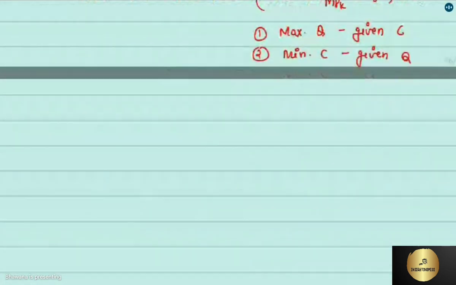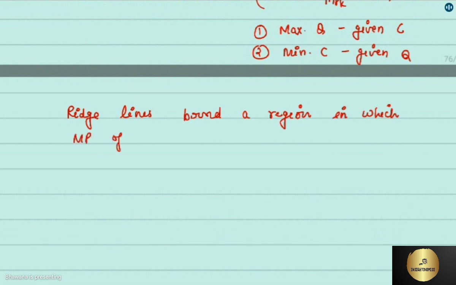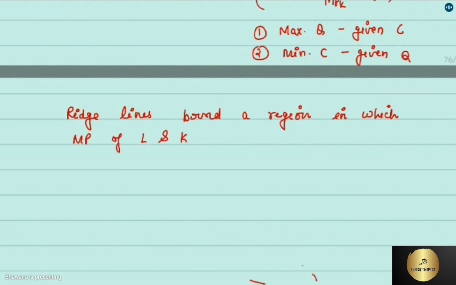So now you can say that ridge lines bound a region in which the marginal products of labor and capital, in our case we have two inputs, labor and capital, are positive.